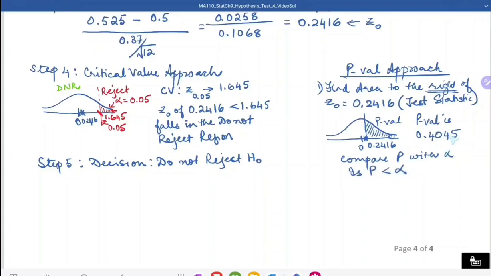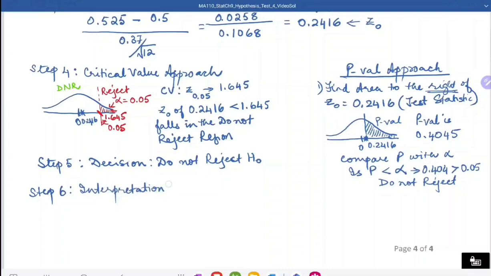Here we see that 0.404 is way higher than, it's greater than the alpha value 0.05, and if p is greater than alpha, then your decision should be do not reject, which agrees with what we got using the critical value approach. So our step 5, our decision, was do not reject the null hypothesis, and then the final step is the interpretation.